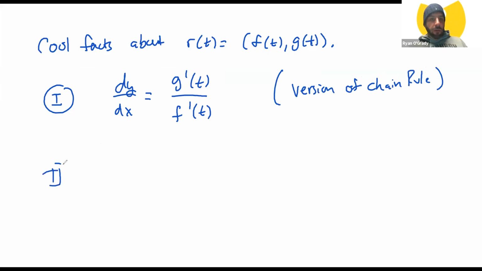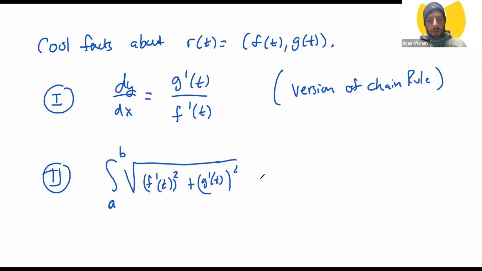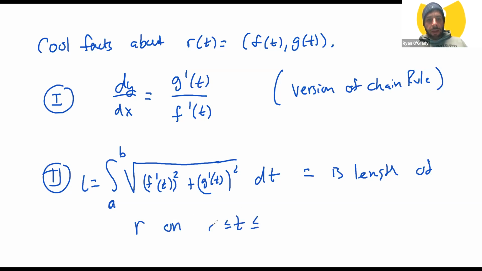And then the second cool fact is that the integral from a to b of the square root of f prime of t squared plus g prime of t quantity squared, this integral dt, this is the length of r on the interval t goes between a and b.